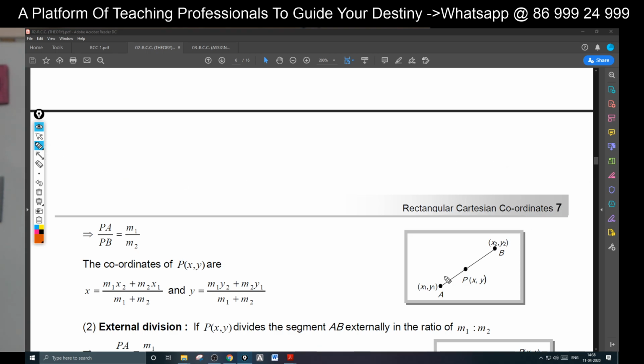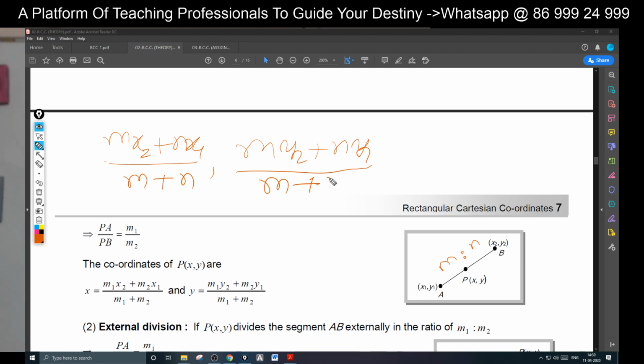Okay, so you know this formula. I need not repeat this, but the point I would like to insist upon, you will be understanding. See, this is the formula: (mx2 + nx1) divided by (m + n), comma, (my2 + ny1) by (m + n).